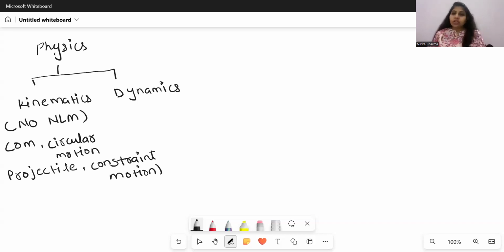If we are solving numerical problems on these topics, then we will not be using the Newton's laws of motion, and that is the reason we put them under the kinematics section.